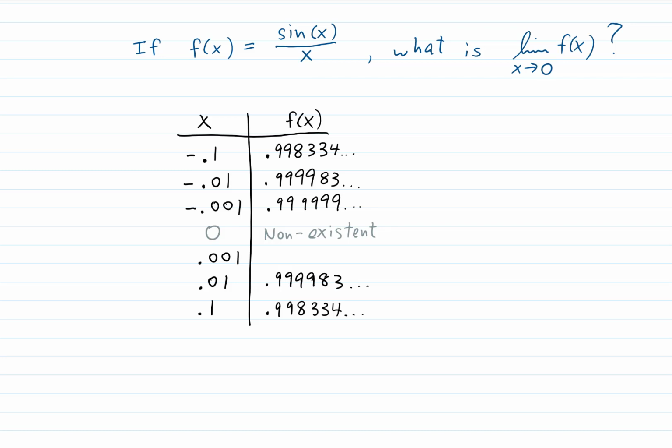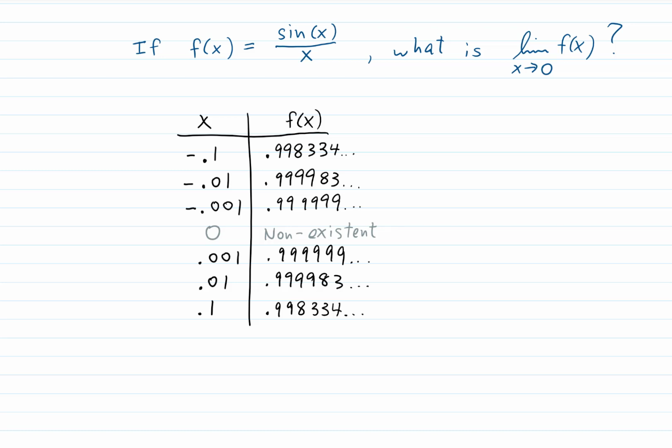And f of 0.001 is 0.999999, and then an 833 after that, but I'm going to stop right there.